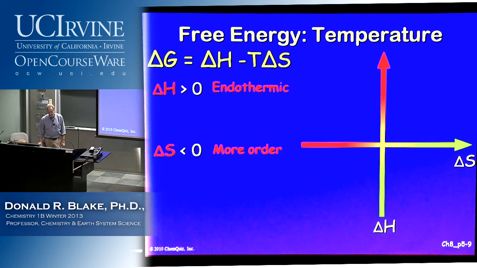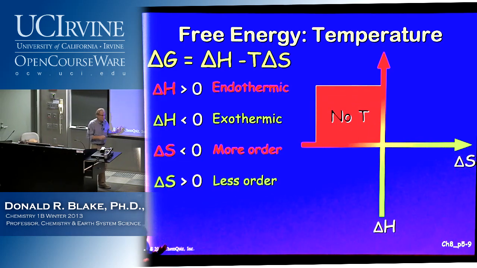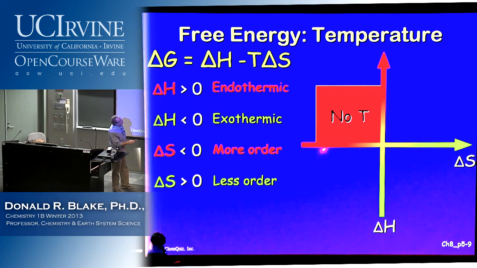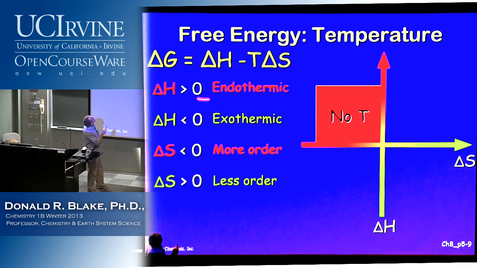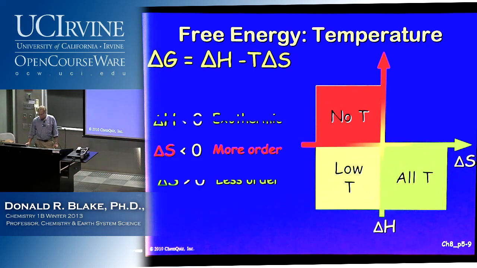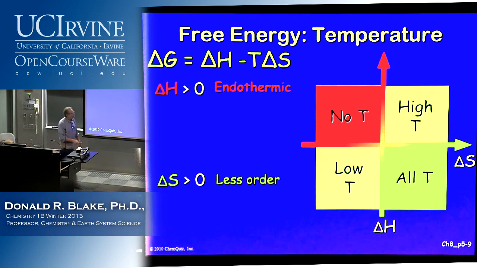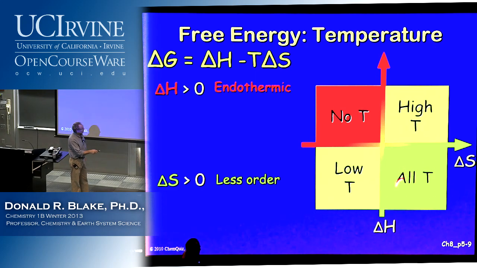I want you to be comfortable with this, okay? So once again, this is delta H this way, this is delta S this way. What this is saying is that at high temperatures, low temperatures, all temperatures, if delta H is negative and delta S is positive, it doesn't matter what temperature you're at, delta G in this equation has got to be negative.